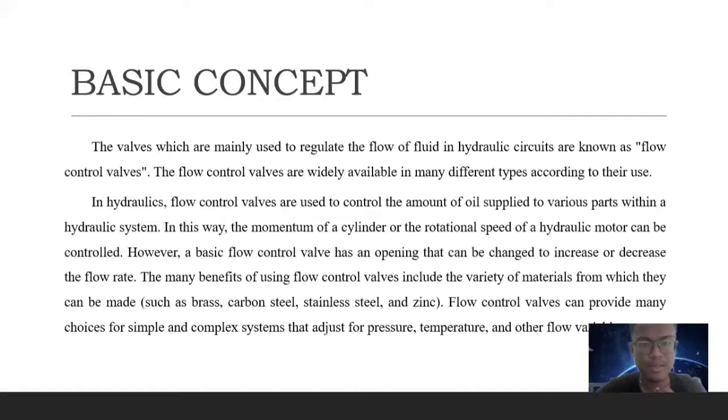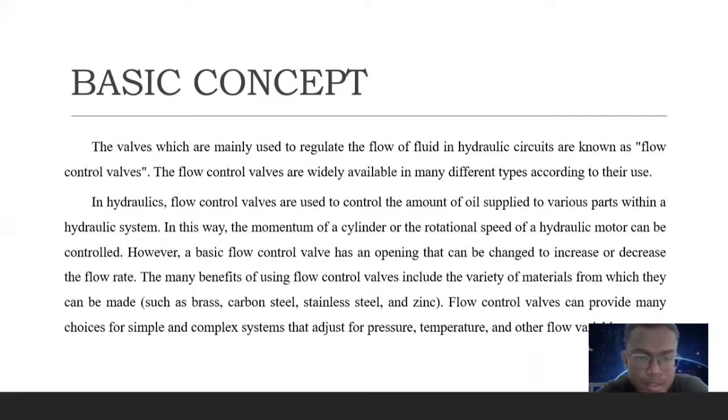Explanation. Basic concepts. The valves which are mainly used to regulate the flow of fluid in hydraulic circuits are known as flow control valves. Flow control valves are widely available in many different types according to their use.